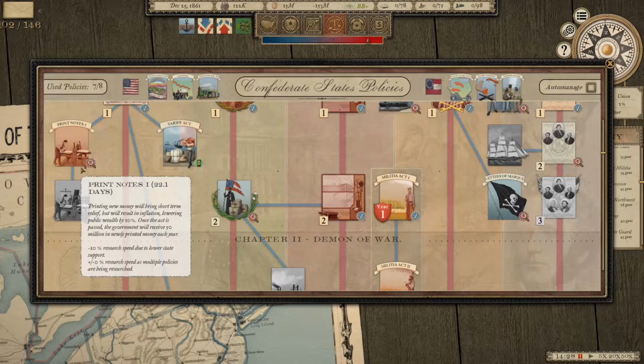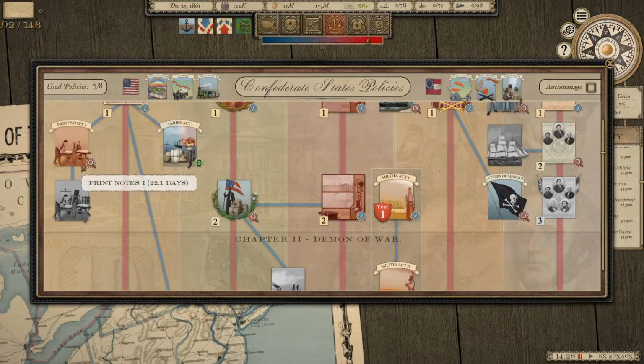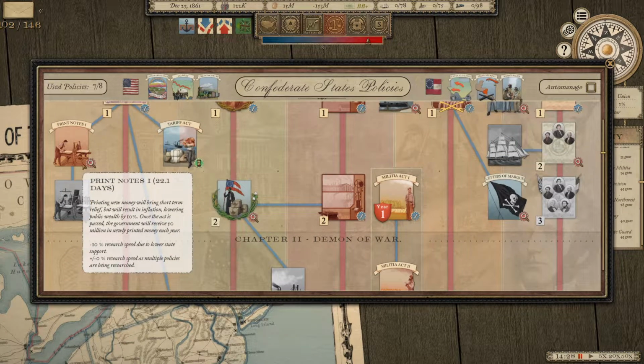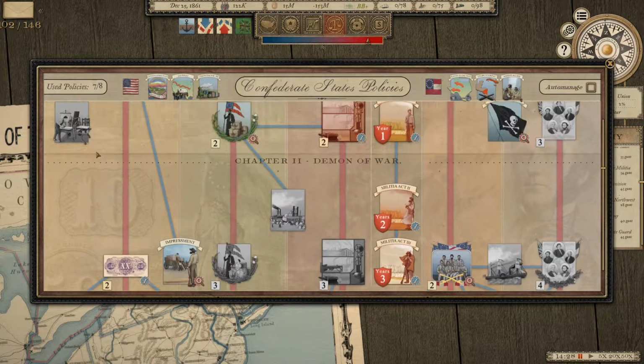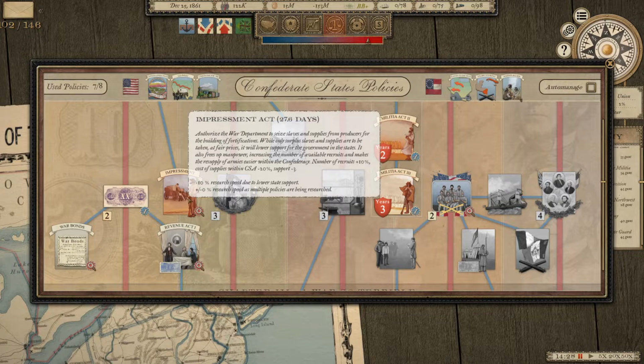If I'm understanding that correctly, a 10% reduction in public wealth is a pretty serious recession, I'm pretty sure. And you're going to get 50 million a year for it. All right, maybe. I mean, it saves you taking out, what, 2 new loans of $25 million apiece each year. I guess that's something.